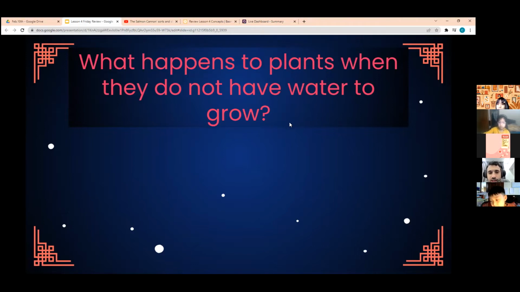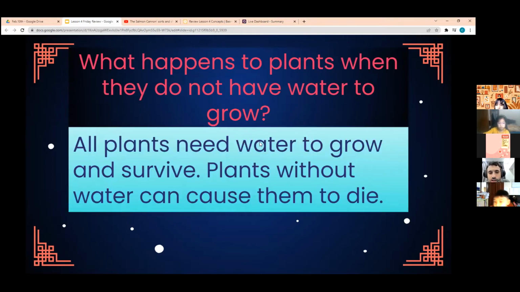Yes, the leaves will turn yellow, they can turn brown, and eventually they might do what? Can you read the answer? All plants need water to grow. Plants without water can die. Exactly.